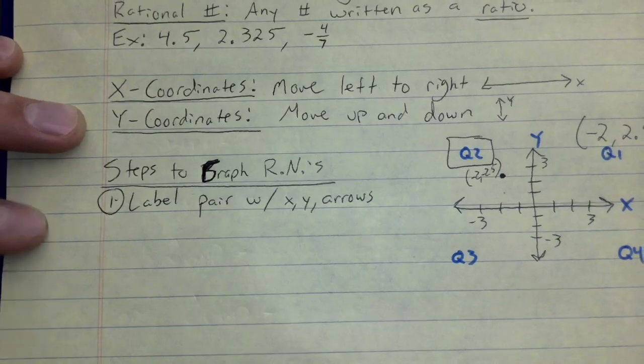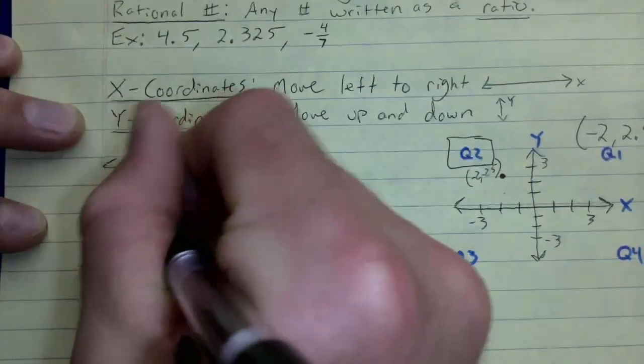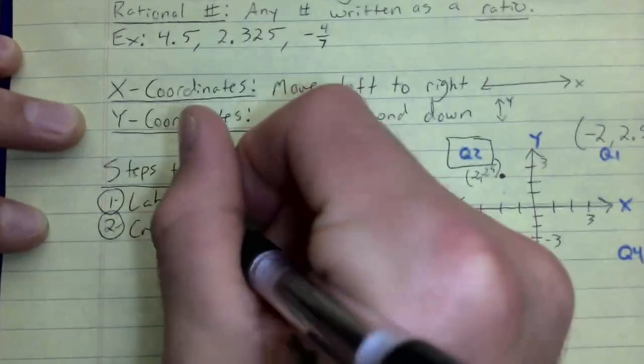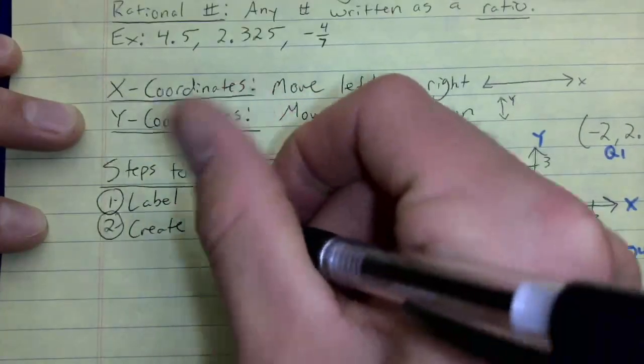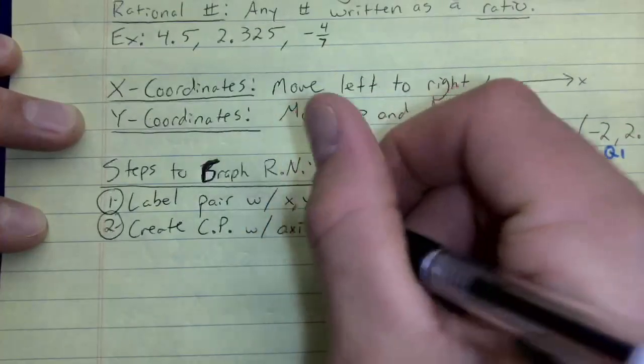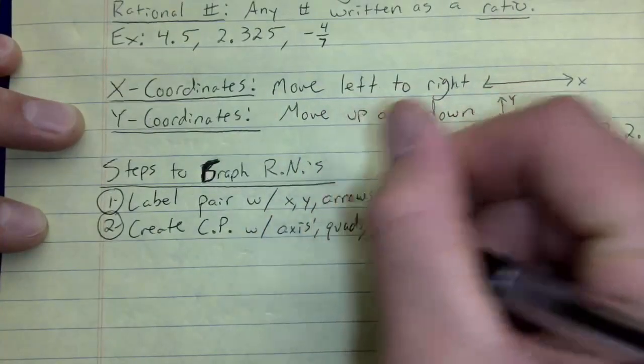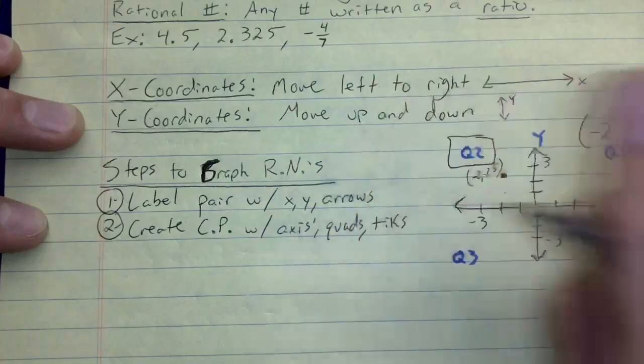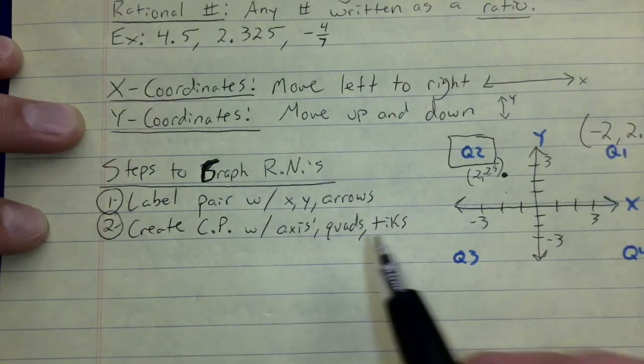And then step 2 is to create your coordinate plane with your axes, quadrants, and tick marks. You can just write quads and ticks. You know what that means.